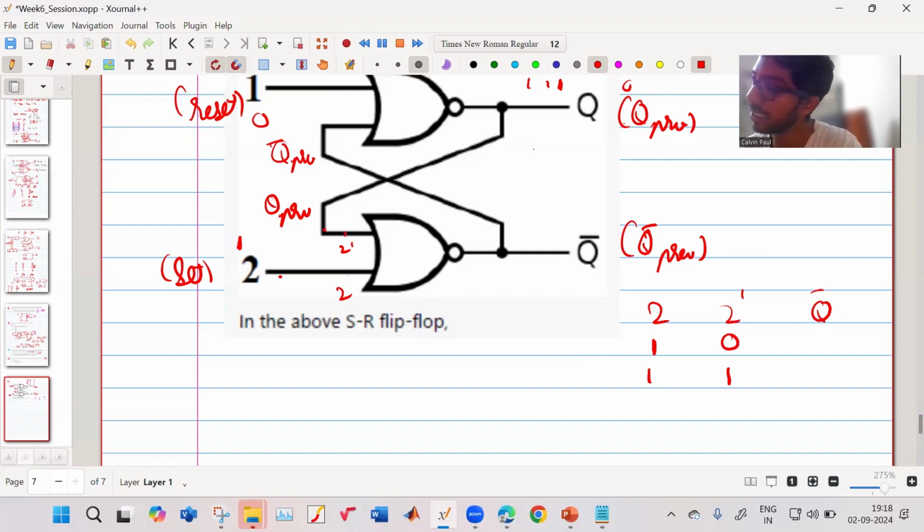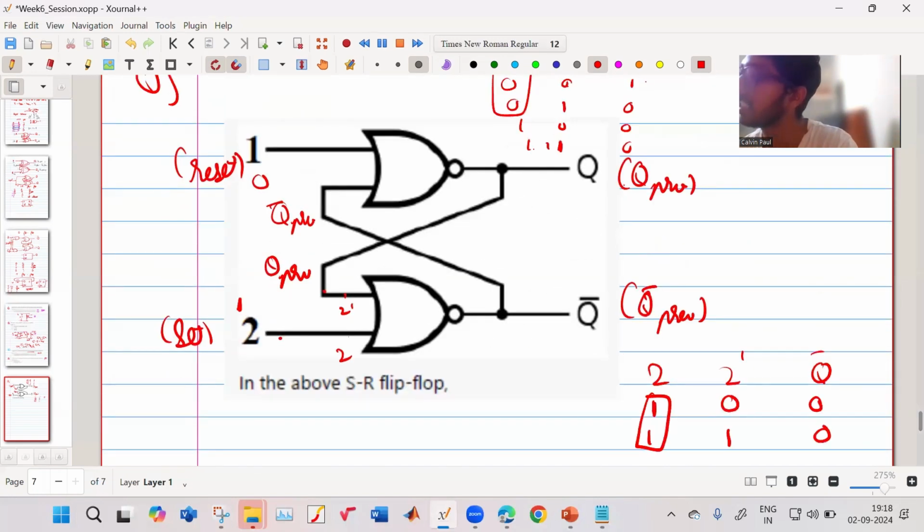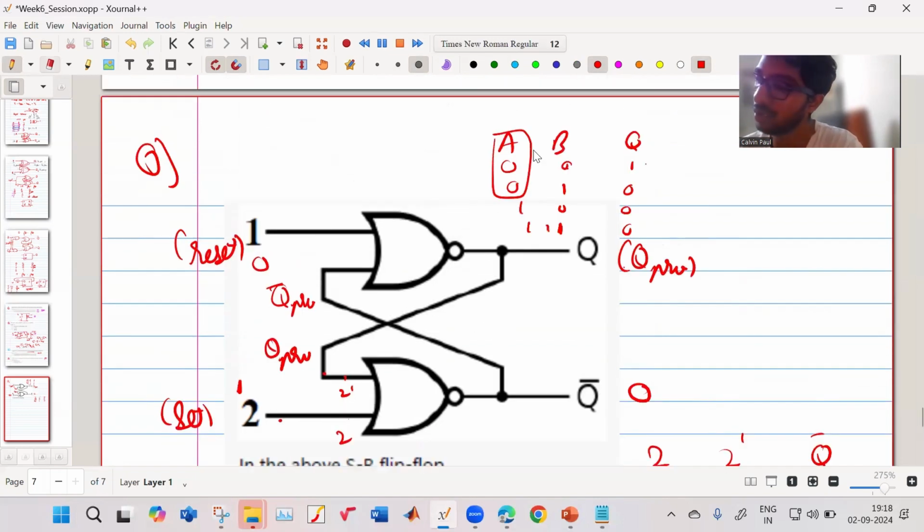For a NOR gate, if one of the inputs is 1 always, then the output will be 0 in any condition. So regardless of whether this Q previous is 1 or 0, this will finally become 0. And it will come over here as 0. And 0 and 0 will become equal to 1. So that is how we get the output.